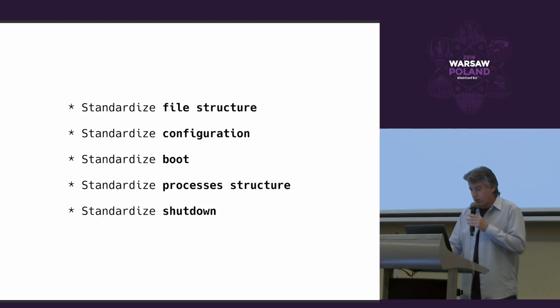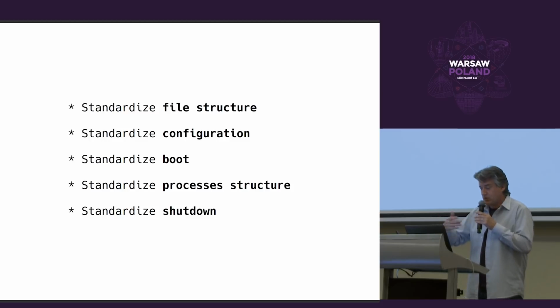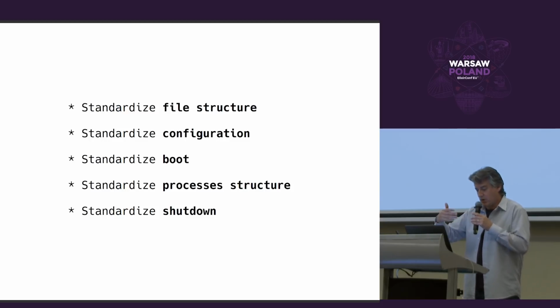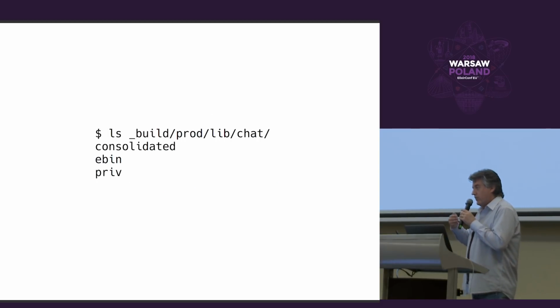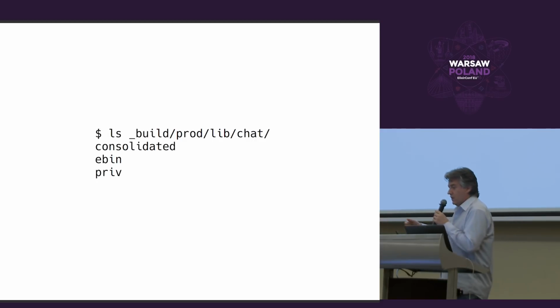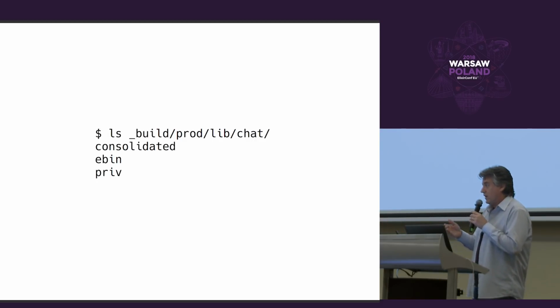So for development, the structure for development, let's say we are using Mix, and that's it for Elixir. The file structure that you deploy is common to Erlang and Elixir.